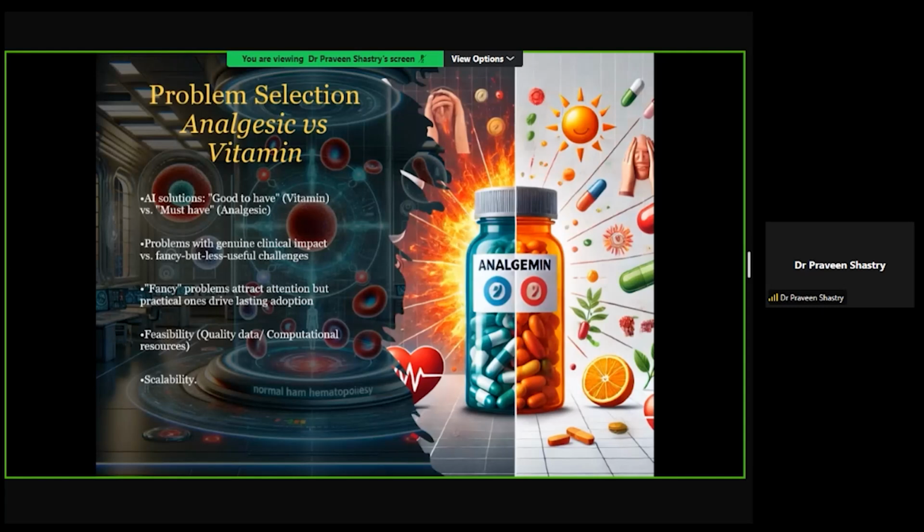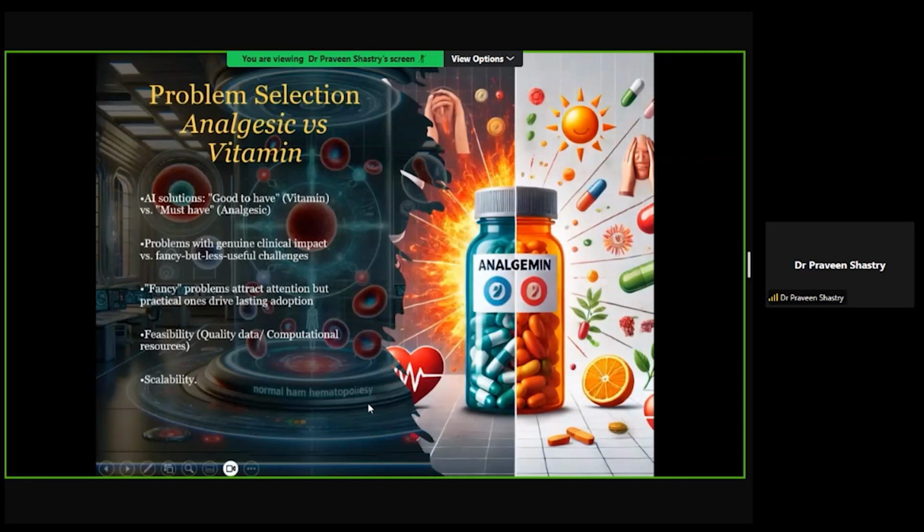Knowing the end user helps a lot. Adjunct tools that save hours have far more value than attempts that fail in achieving clinical perfection. So the less fancy the tool, the more impactful it will be. Always chase analgesics and not vitamins.